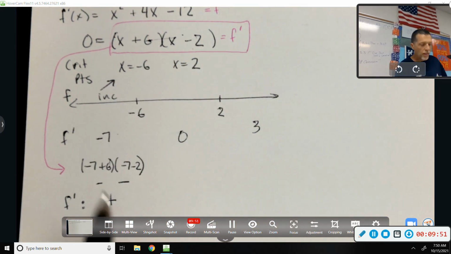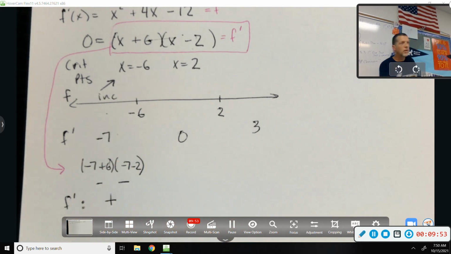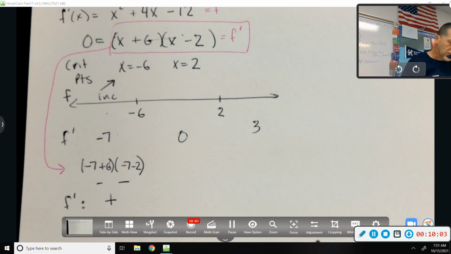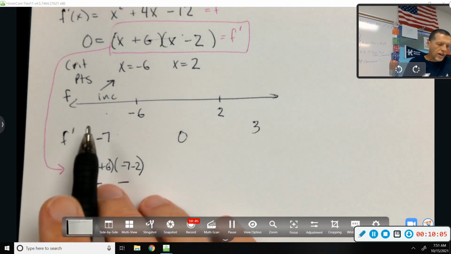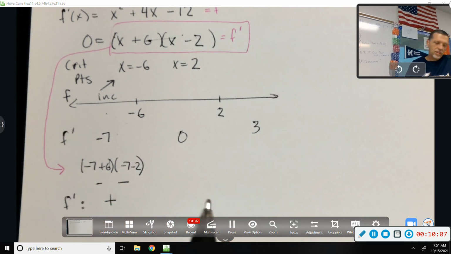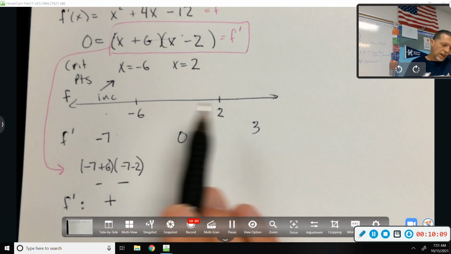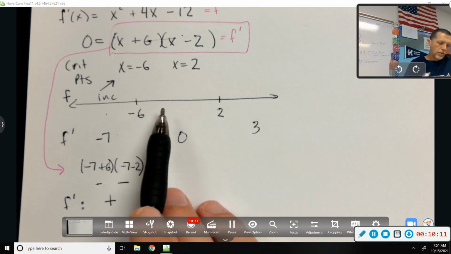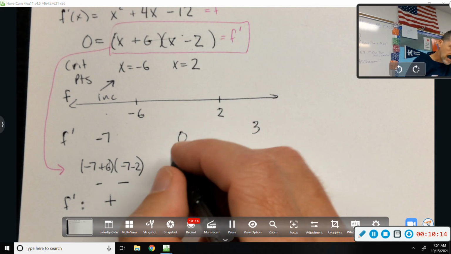Some people will write the word increasing. Some people will draw an arrow to show the general direction of the graph. Some people will do both. Either one's fine. I will probably always do both to accommodate whatever your preference is. So f is increasing up to -6. Between -6 and 2, well, I don't know. Let's plug in 0 and see what happens.